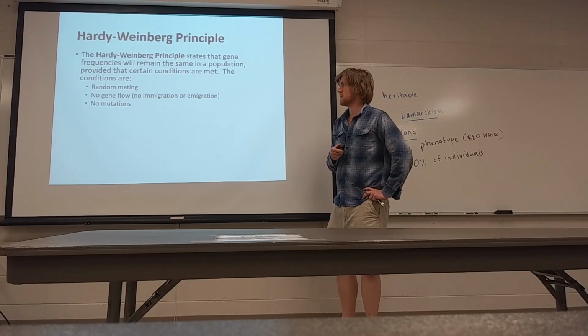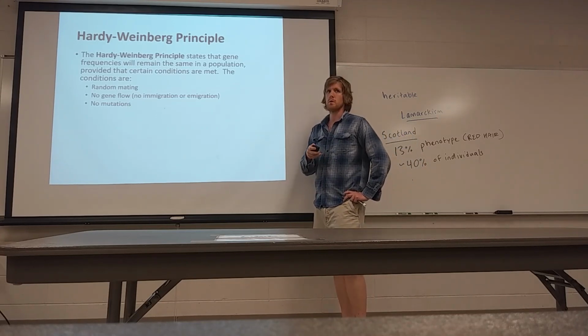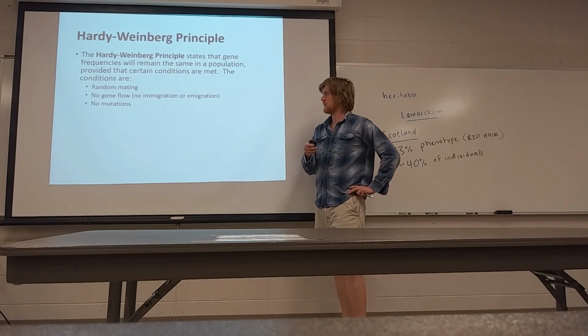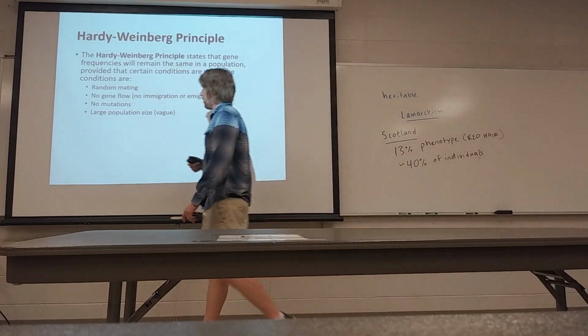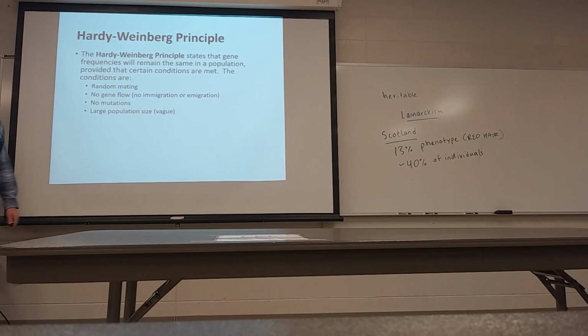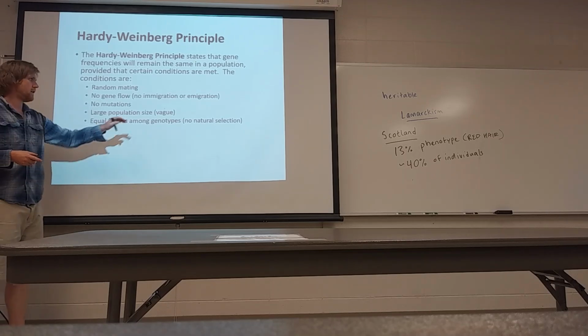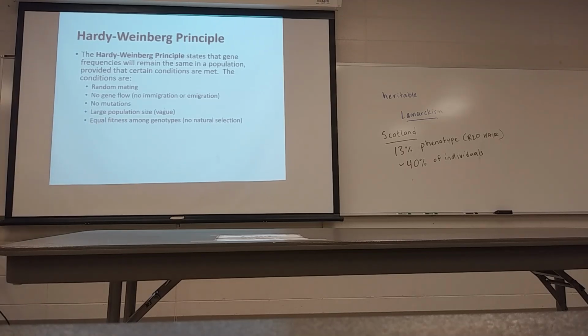Those are changes in the genetic code due to random chance. Large population size needs to be present so that we don't have genetic drift, which will be the next slide we'll talk about. That's a pretty vague statement, by the way. Large is relative. Also, equal fitness among genotypes. In other words, there's no favoring of superior traits.